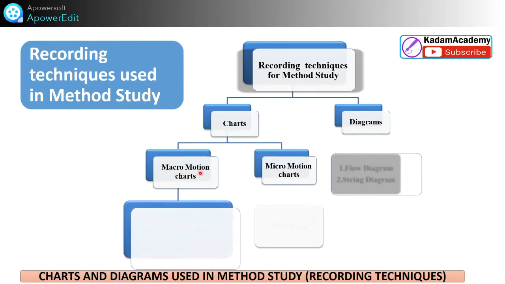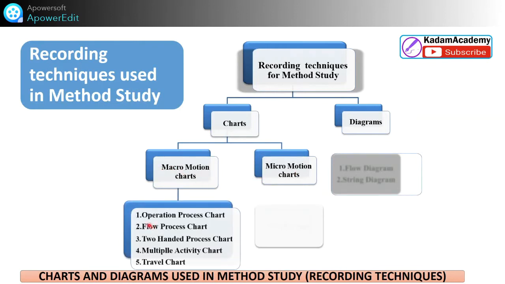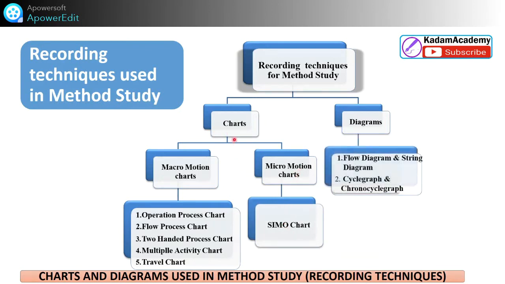Under macro motion charts, we are going to study five different methods: operation process chart, flow process chart, two-handed process chart, multiple activity chart, travel chart, and under micro motion chart, the SIMO chart. Similarly, for diagrams: the flow diagram, string diagram, cycle graph, and chronocycle graph.